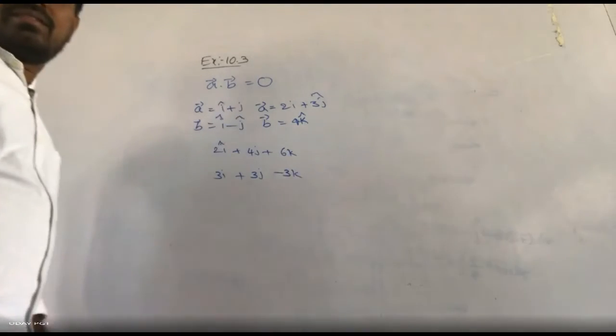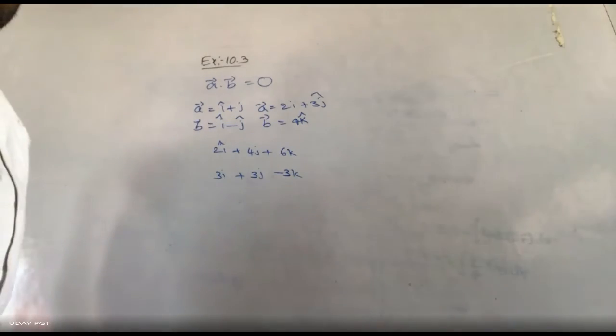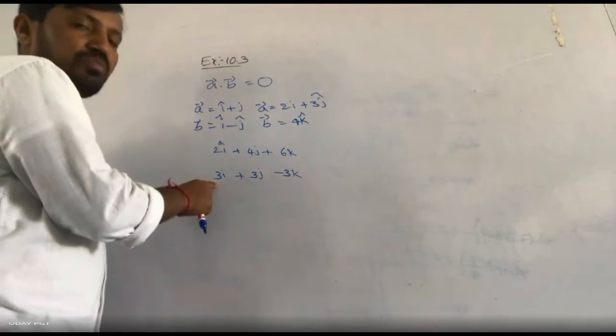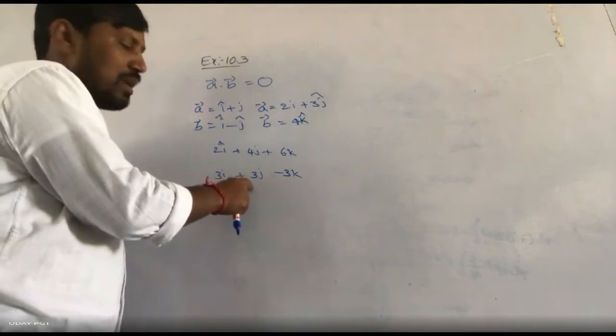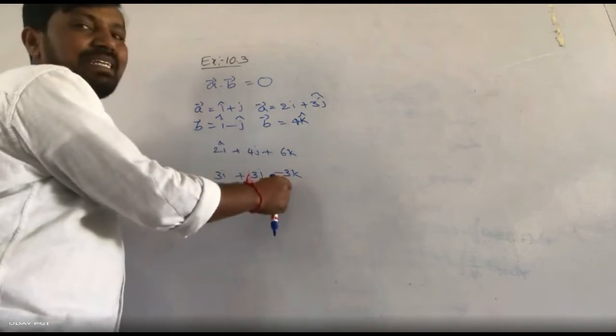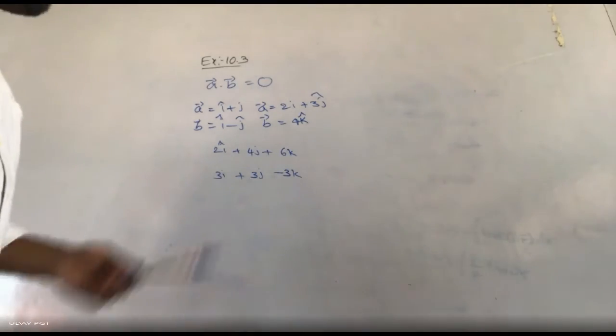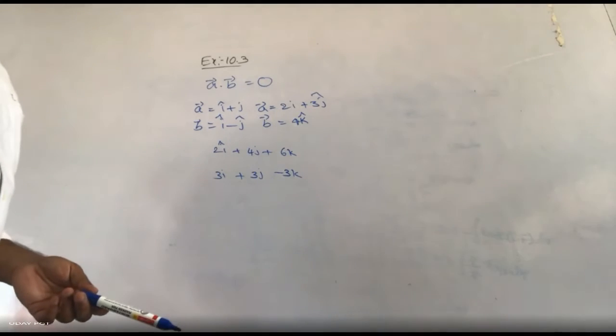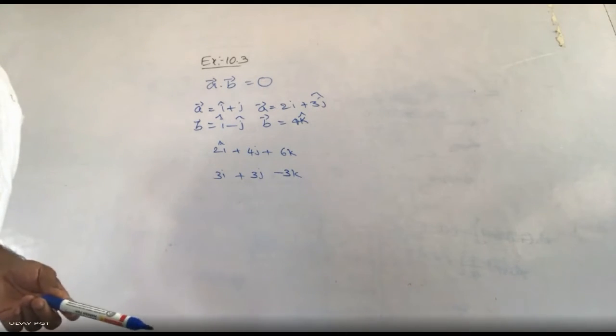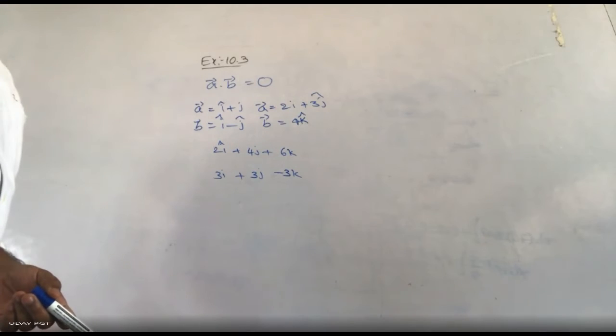If you give this example, because these two product is 6, these two product is 12, 12 plus 6 is 18, 6 3s are 18, 18 minus 18 is equal to 0. Like that you have to give the example, but the given vectors are not null vectors. Okay. Next.